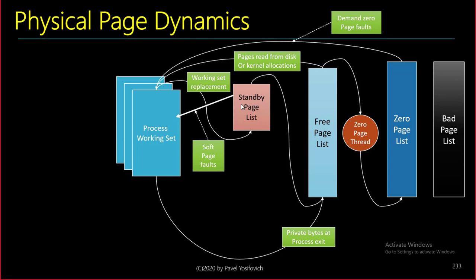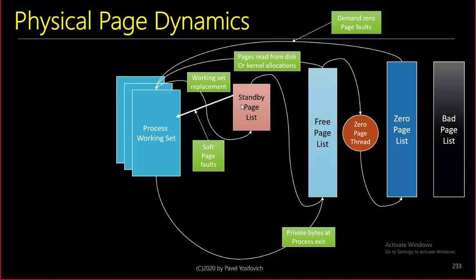If the standby page list is very large, and in most cases it's because the zero page and free pages together become very small, it means the system is low on RAM. What's special about standby pages is that their state is synchronized with the page file. So it's okay to let them go if we have to, because there is a copy of them in the page file.